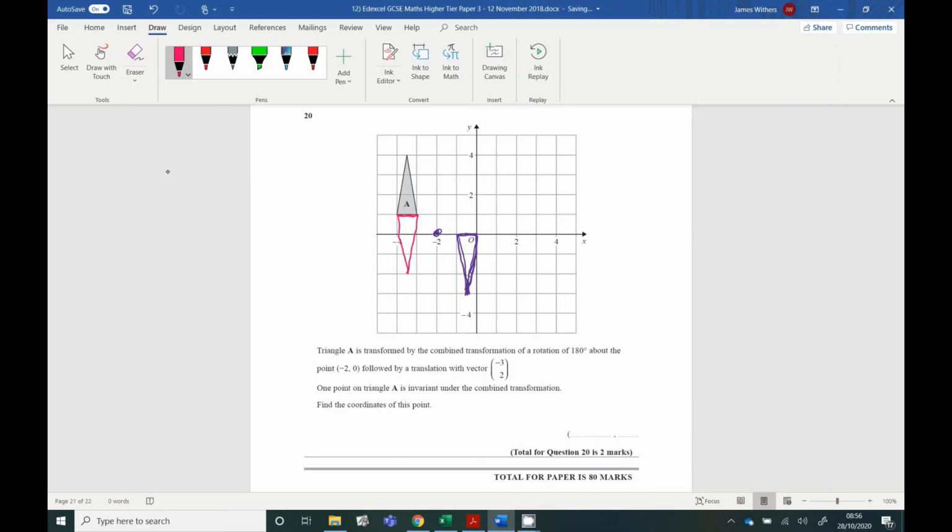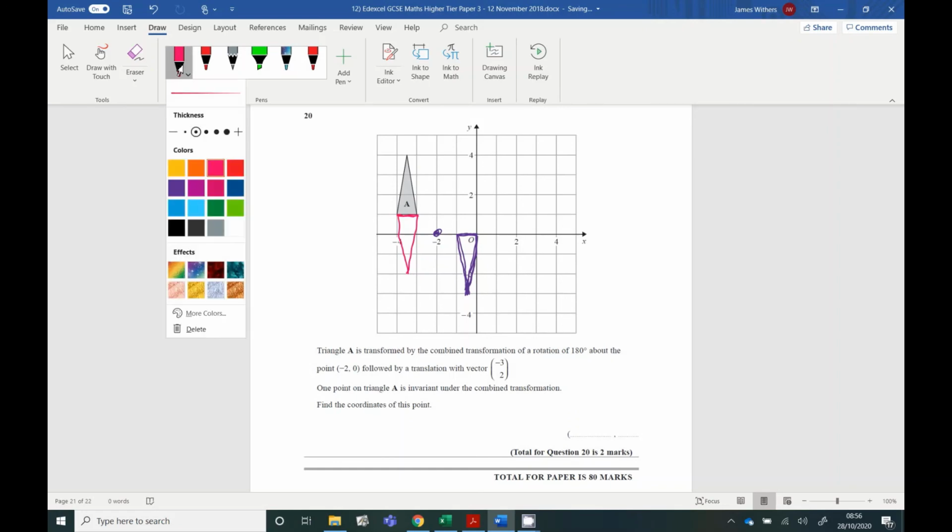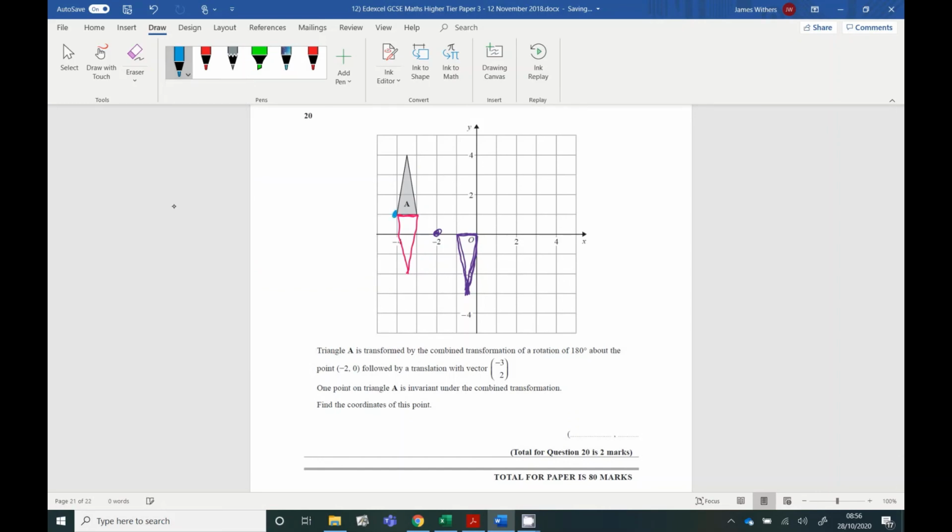Now let's think about the points on this triangle. The point that was originally at minus 4, 1 has actually ended up over on the other side. It's ended up being there, and vice versa.